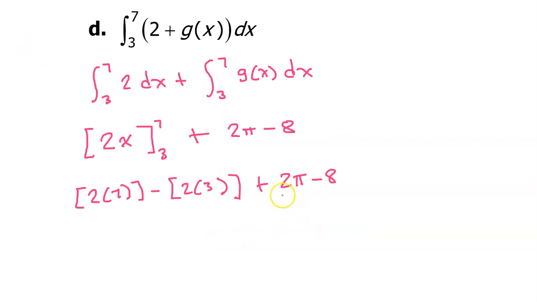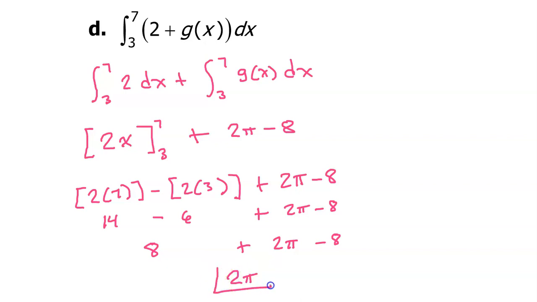And we still got the plus 2 pi minus 8. But this is going to be 14 minus 6 plus 2 pi minus 8. 14 minus 6, so that's 8 plus 2 pi minus 8. The 8 and the minus 8 cancel each other out, and we are left with 2 pi. So that would be the final answer.